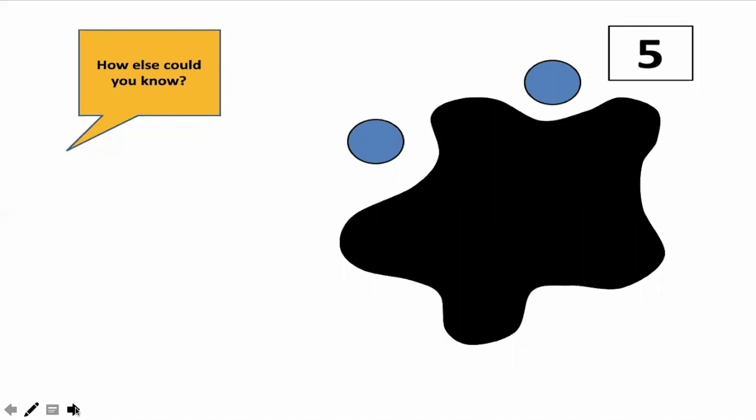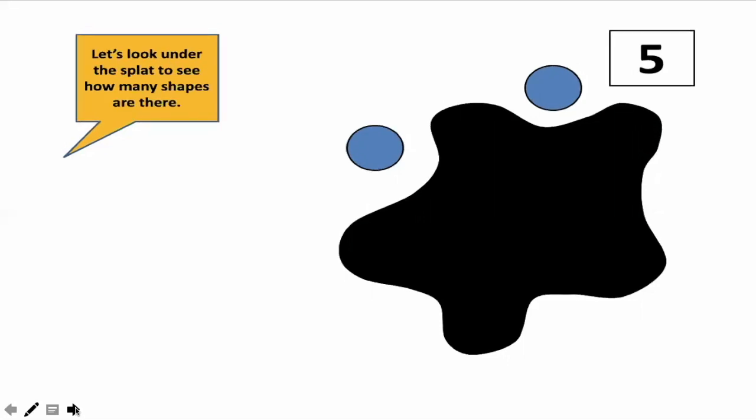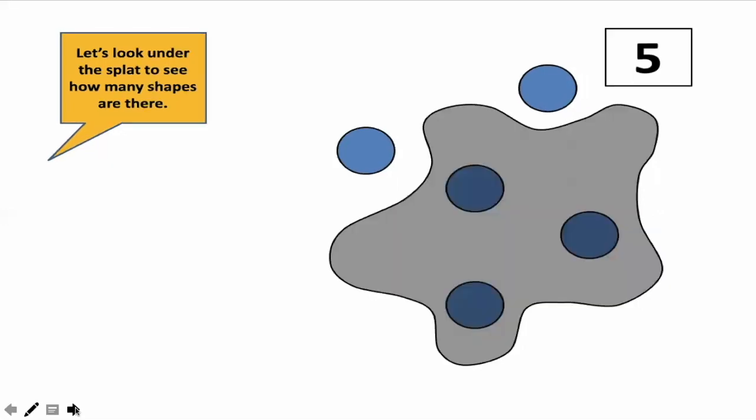Well, we can do that with addition or subtraction, or by visually saying we know there's 2, so there has to be 3 more under the splat. Let's look under the splat to see how many shapes there are. And you were right, there are 3 shapes under the splat.